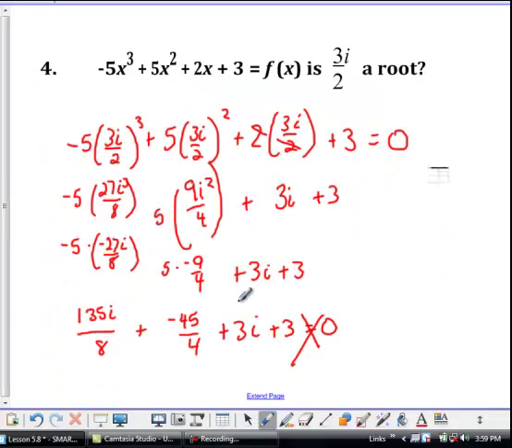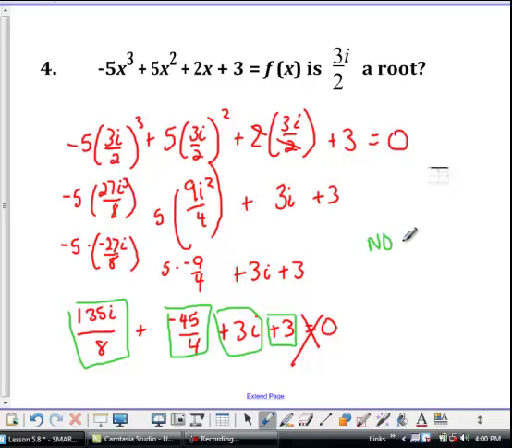Well, look here. +3 would have to cancel with a -3. This is not -3. -45 divided by 4 is not -3. It's negative something, but it's certainly not -3. So this is not a root because we didn't get 0 here. And then this would have to cancel down to -3i to cancel out with this +3i. So no, 3i over 2 is not a root.